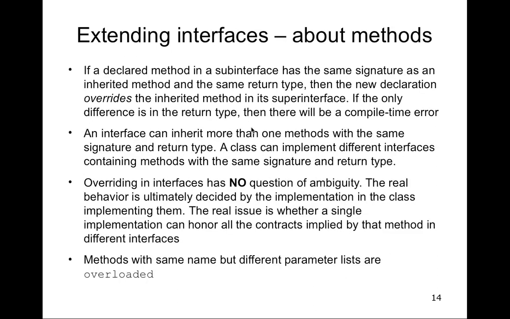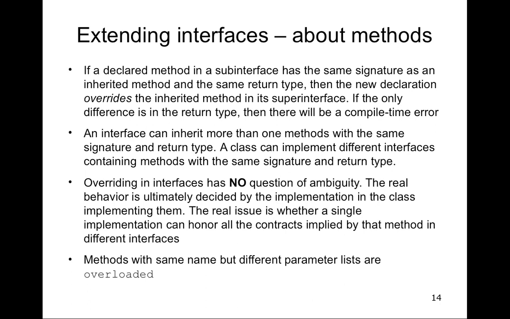Extending interfaces about methods. The last couple of tedious points I gave you were in terms of data members, repeating data member names, things of that nature. A couple of different problems occur with methods. Obviously, you can have repeated method names. You can have methods that override or overload other methods in interfaces as well. So if a declared method in a sub-interface has the same signature, this is the interesting part, and you can always change the signatures around as well.